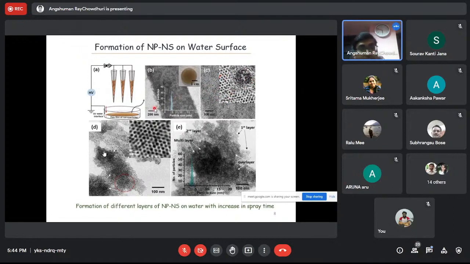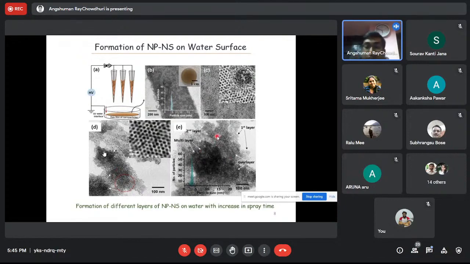After that we sprayed for more time, and we observe that when the spray is more, layer upon layer deposition is happening. That is a more interesting thing. With layer upon layer deposition, there is a possibility of forming 3D crystals.